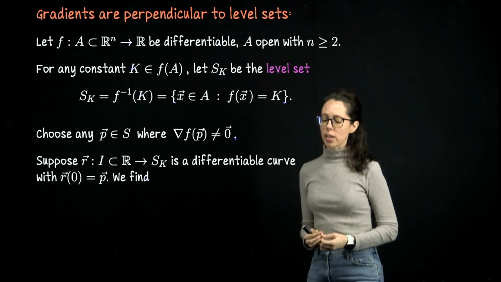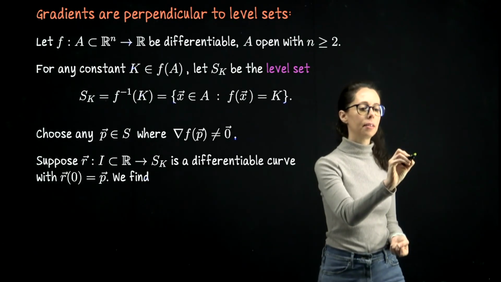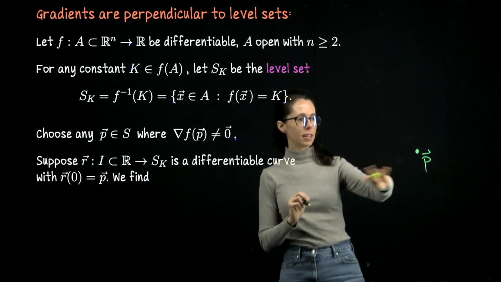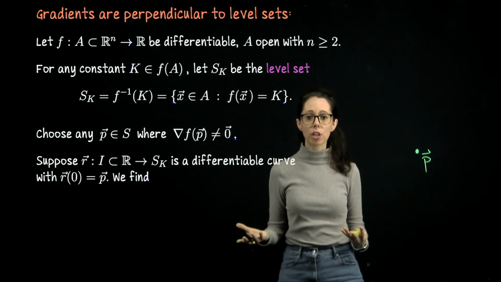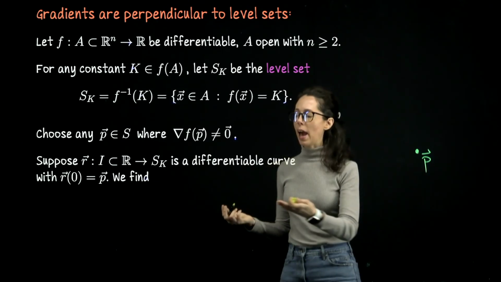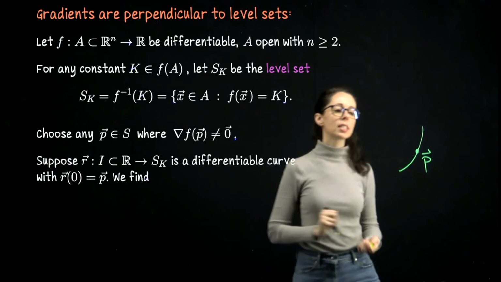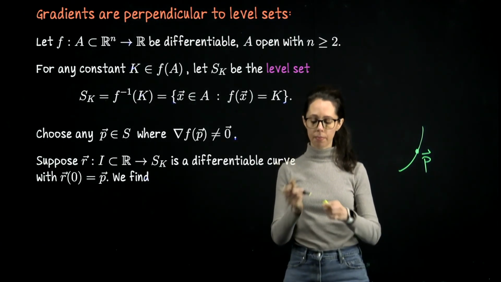I want to imagine that if I have p, and this is a point in some level set for my function, then imagine I have a differentiable curve passing through P, which is contained in the level set.